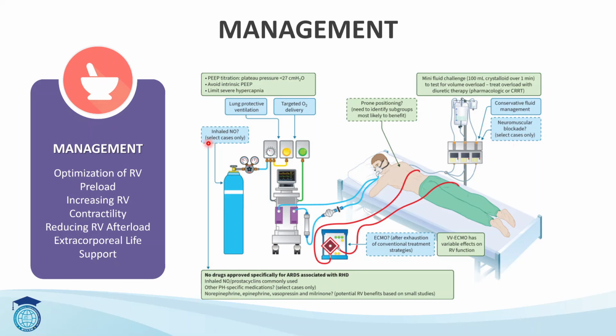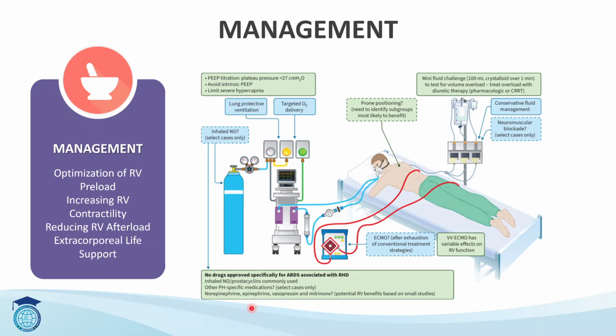As we mentioned, inhaled nitric oxide is not routinely used anymore in ARDS patients, but it has an effect in those patients with RV dysfunction, as it dilates the pulmonary vasculature and decreases the pulmonary vascular resistance. Similarly, inhaled prostacyclins such as epoprostenol can dilate the pulmonary vasculature and improve the afterload for those patients.